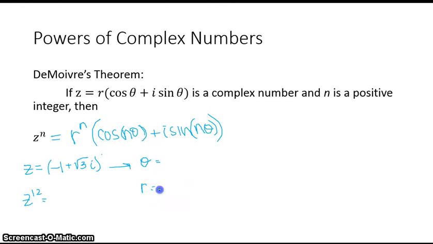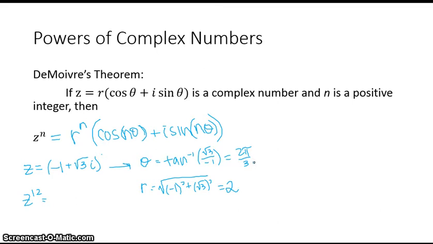So when I do that, that's going to be the square root of negative 1 squared plus radical 3 squared. Negative 1 squared is 1. Radical 3 squared would be 3. So 3 plus 1 is 4. Square root of that would be 2. When I find my angle, I'm going to do tangent inverse of radical 3 over negative 1, which would be, thinking about my unit circle, at 2 pi over 3.